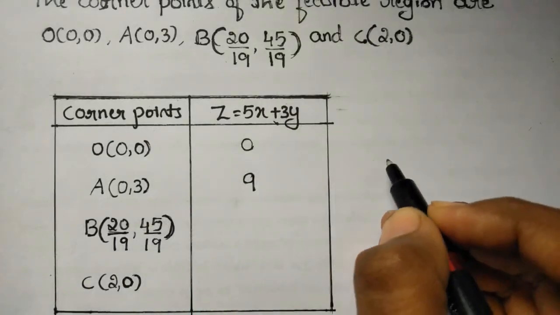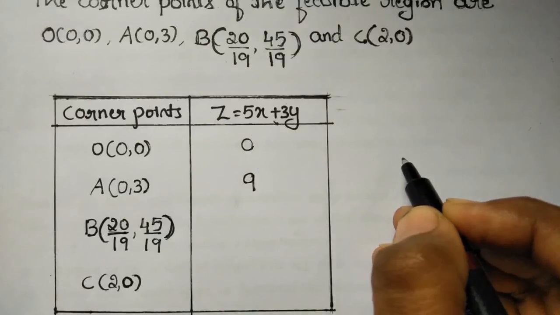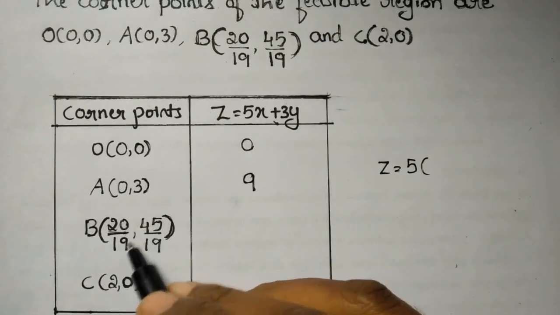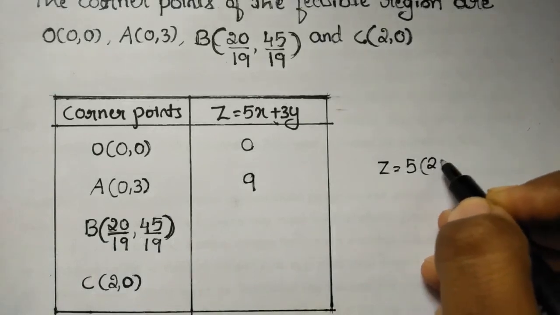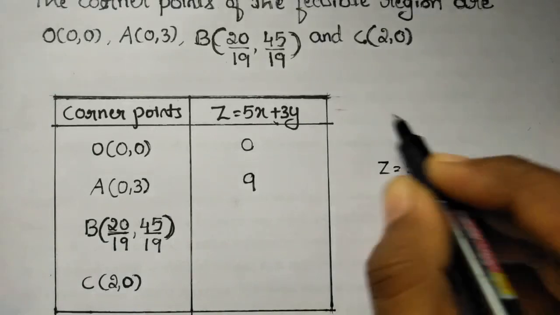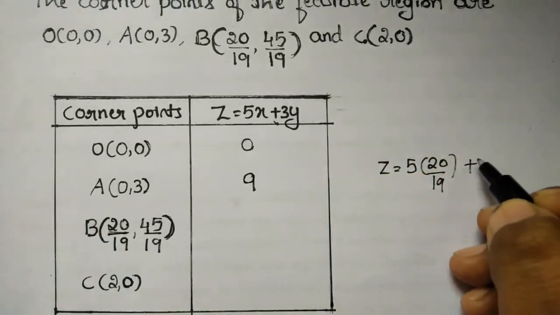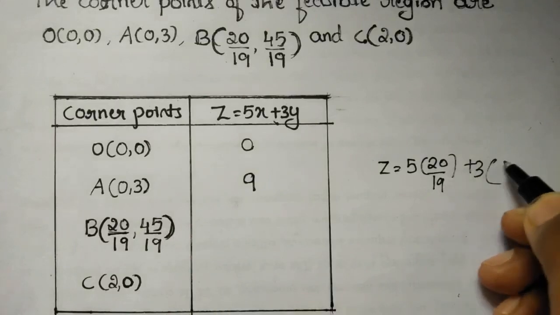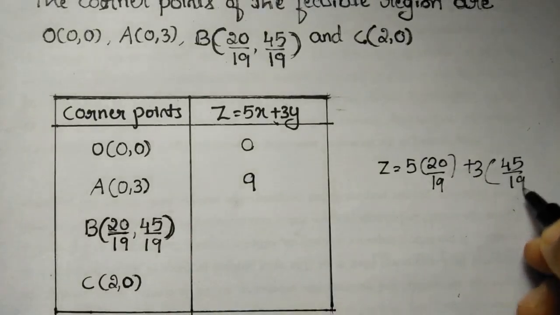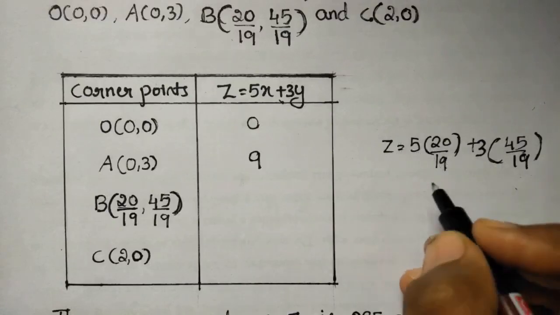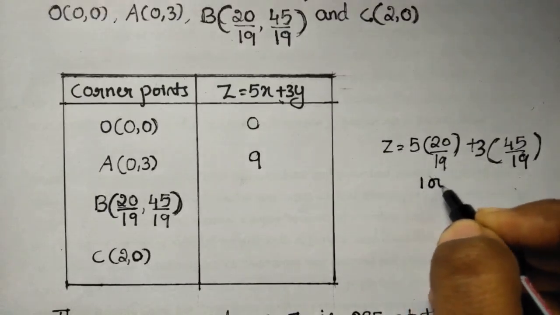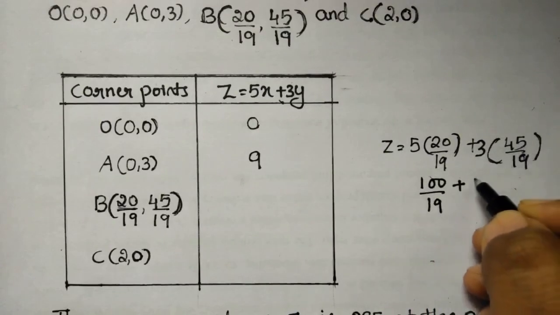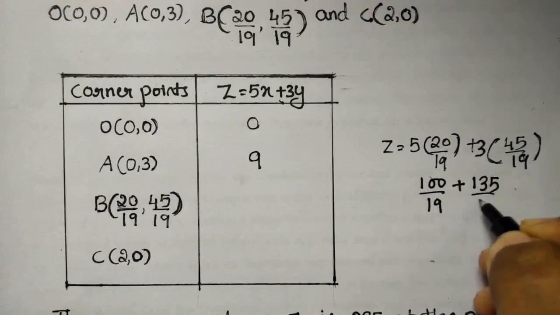I'll write it here. 5 into x, in place of x I'll write the x coordinate 20 by 19, plus 3 into y. 3 into y is here 45 by 19. 5 into 20 is 100 divided by 19 plus 3 into 45 is 135 divided by 19.